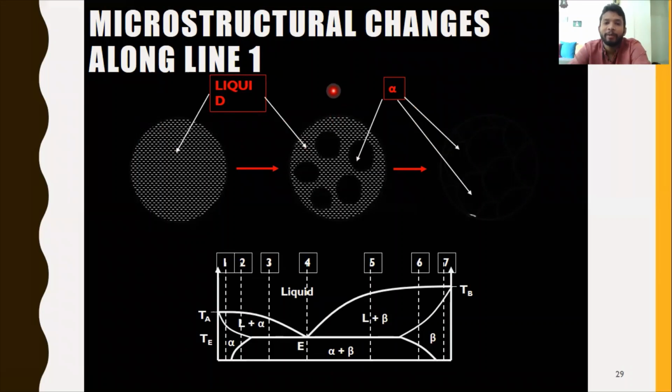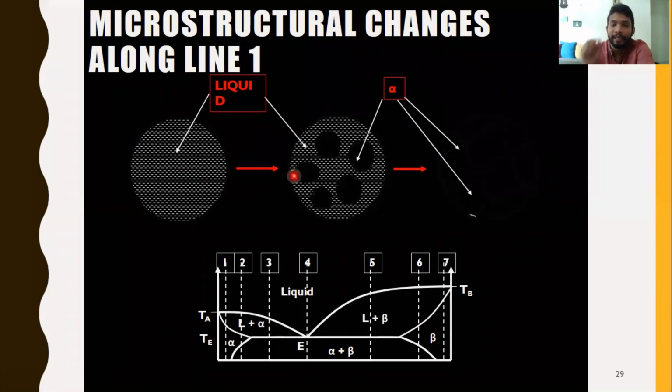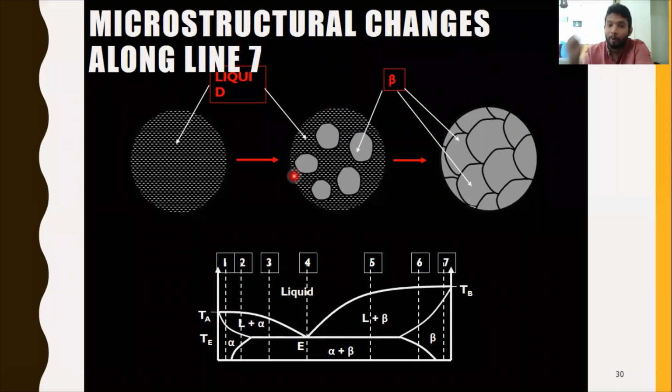Along line 1, we know complete solubility. This is how we drew it in the earlier case, complete solubility in the earlier video. Liquid becomes alpha and beta on this side, here alpha and liquid, then it becomes only alpha, right? And you may have a question here.